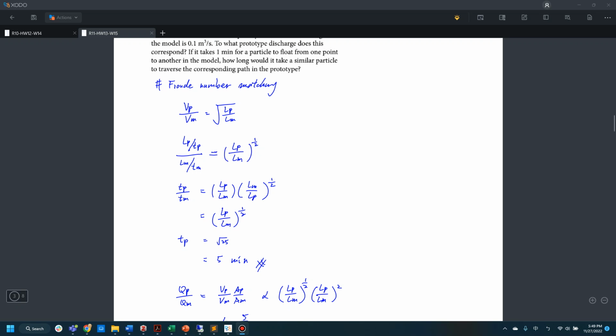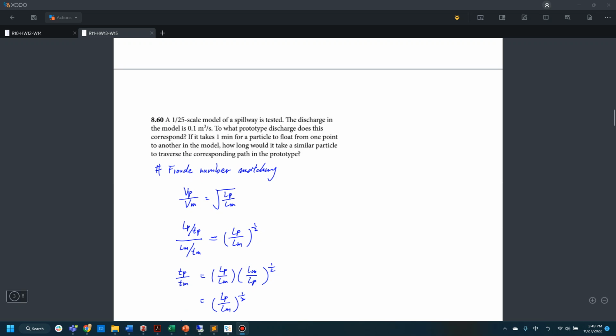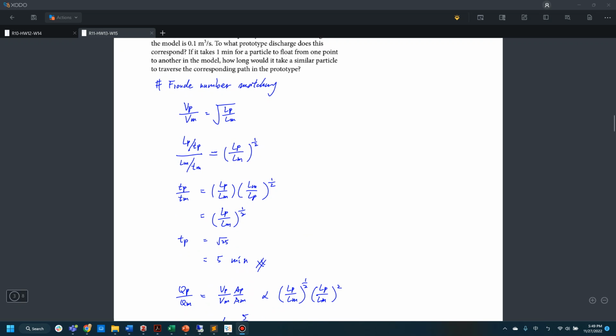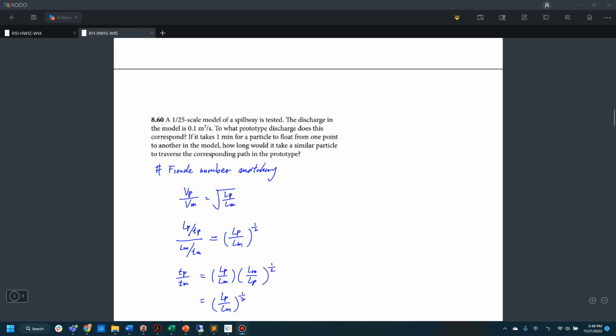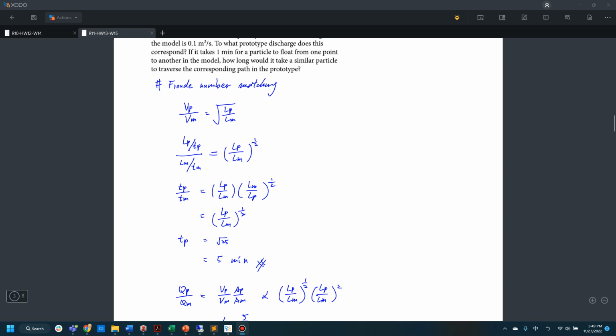Okay, then you can further reorganize these equations to isolate the time and put the rest of the terms to the right hand side. And we know the ratio of LP divided by LM, which is 1/25. This is a 1/25 scale model, so LP divided by LM is equal to 25.